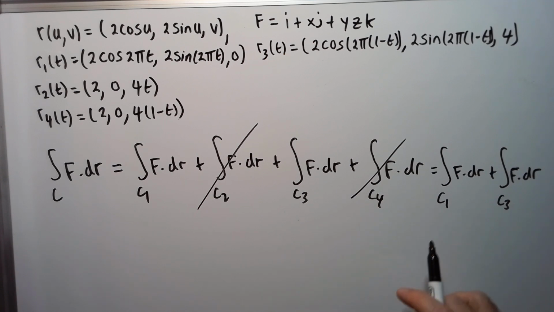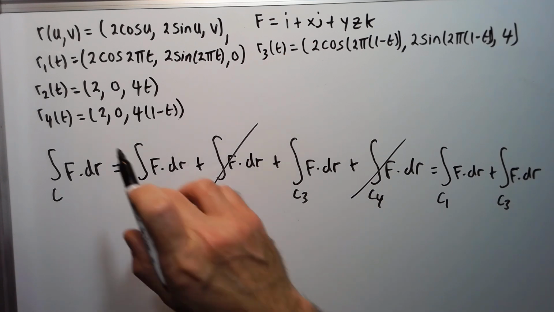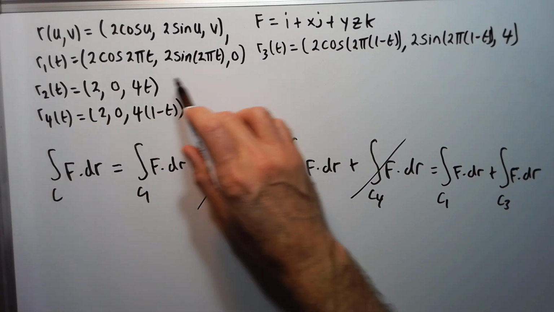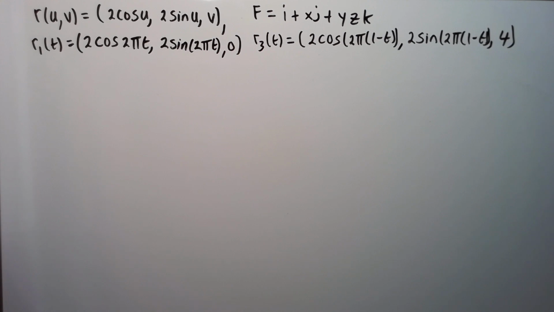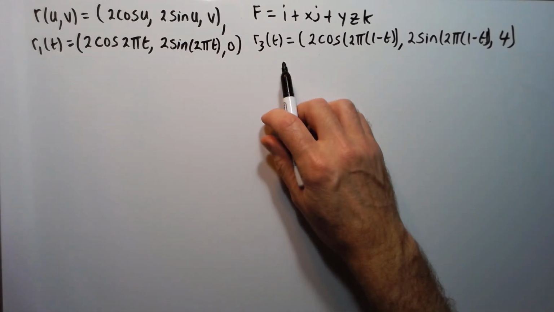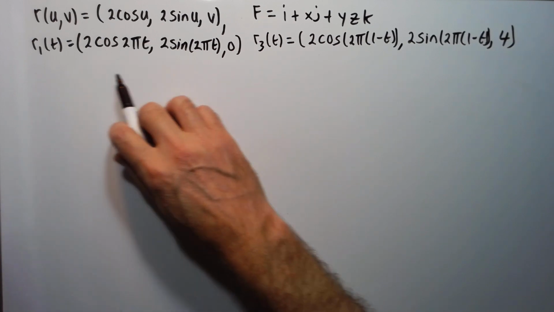So let's start doing these now. Let's do C1 first. Okay, I can erase my R2 and R4 now. I'm just going to leave my R1 and R3 up there. To do the line integrals, I'm going to have to find R1 prime and R3 prime. So let me write R1 prime here first.